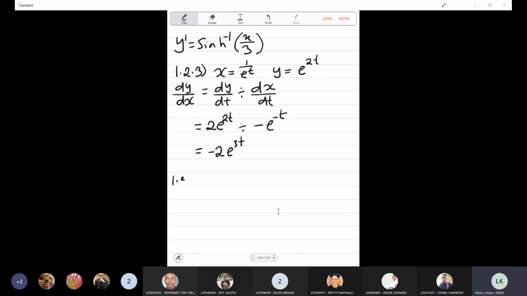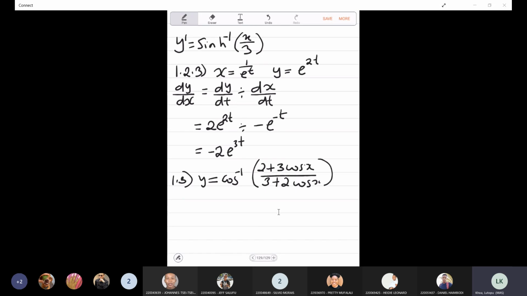1.3. So with 1.3, we have y is equal to arc cos of that, which is just cos inverse of (2 + 3 cos x) over (3 + 2 cos x).